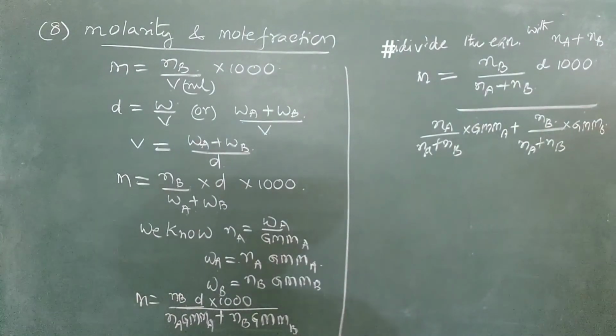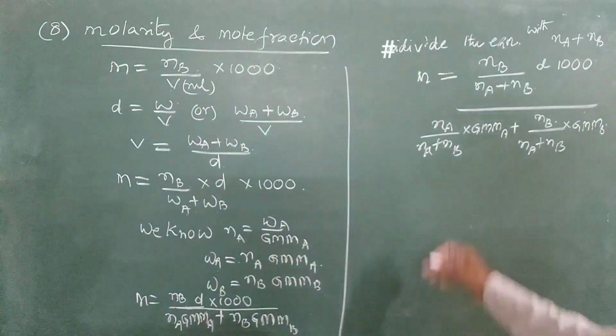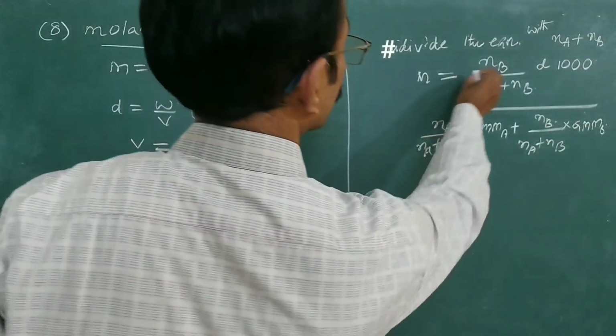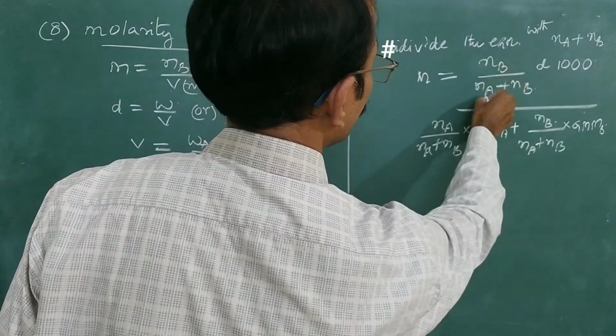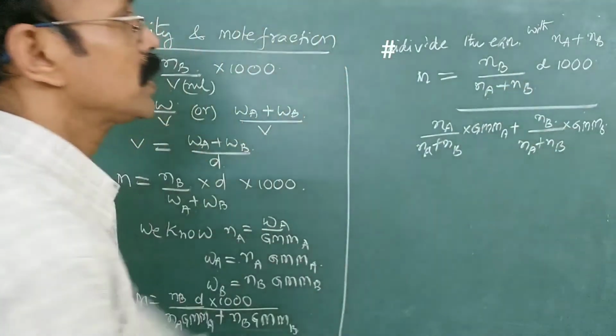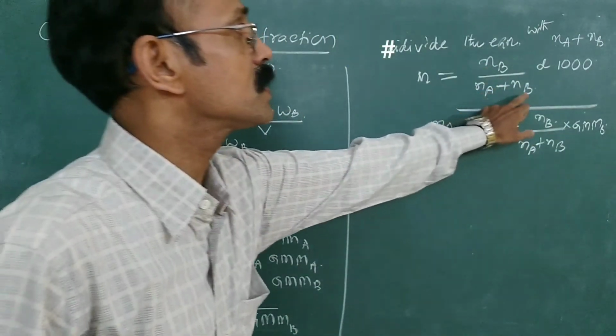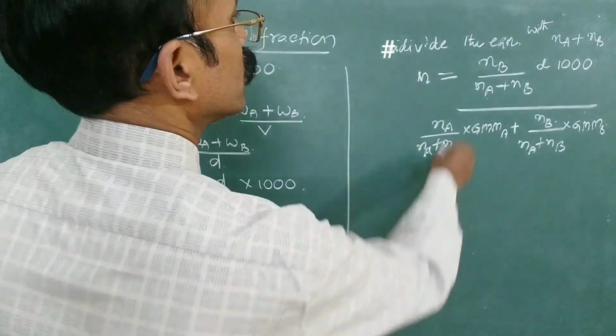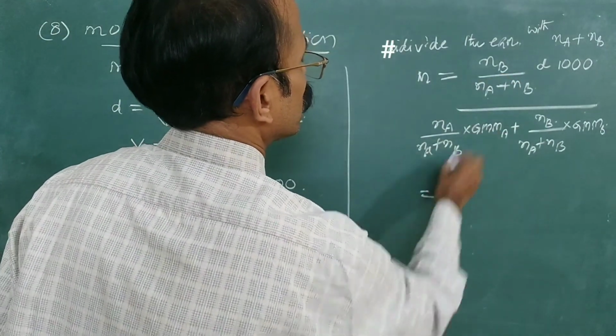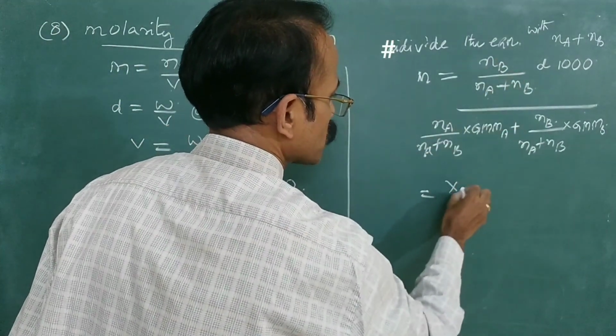Now what is there in the numerator? Nb by Na plus Nb. So this is the number of moles of solute, and this is the total number of moles. So what can we write? This is nothing but the mole fraction of solute.